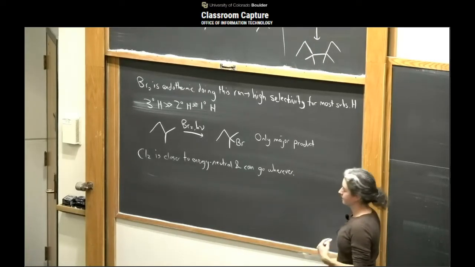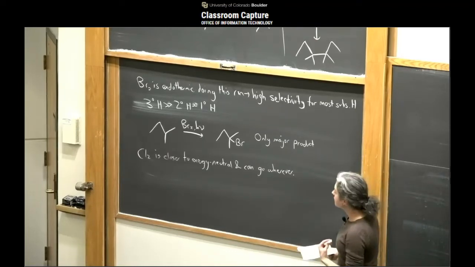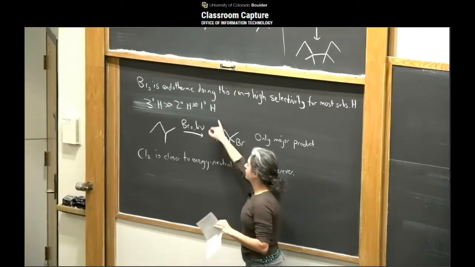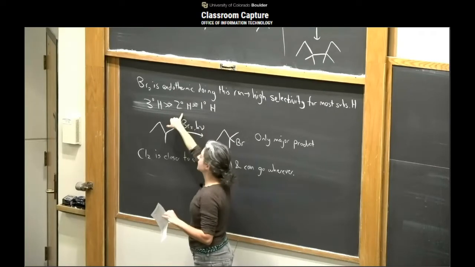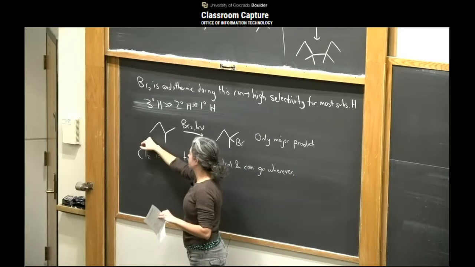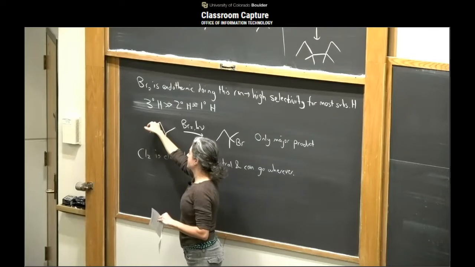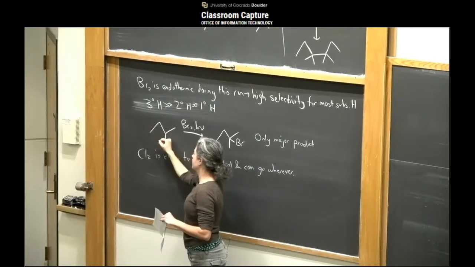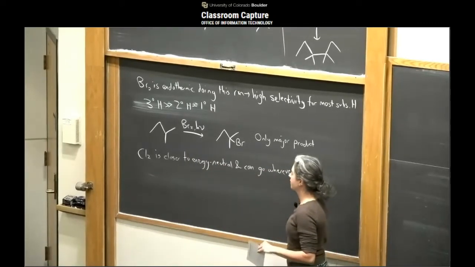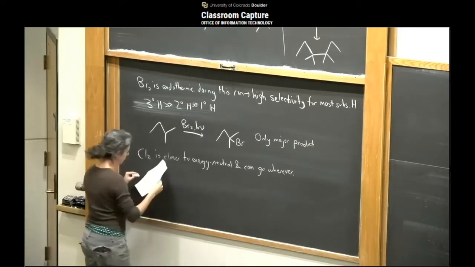So it does still have a slight preference, like tertiary is still faster than secondary, which is still faster than primary, but that's largely balanced out by the fact that in most molecules you actually have a lot more primary H's than you do secondary H's, and a lot more secondary than tertiary. So looking at this guy, for example, we've got 1, 2, 3, 4, 5, 6, 7, 8, 9 primaries. We've got 2 secondary H's, and we've only got 1 tertiary H. And so just sheer force of numbers balances out with how much faster tertiary is. So it's usually pretty close to an equal distribution for chlorine.